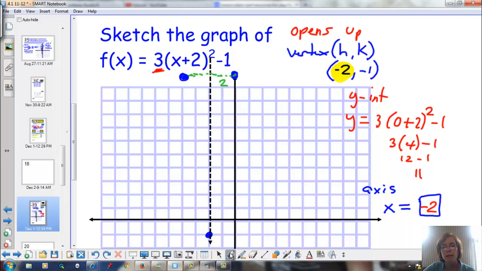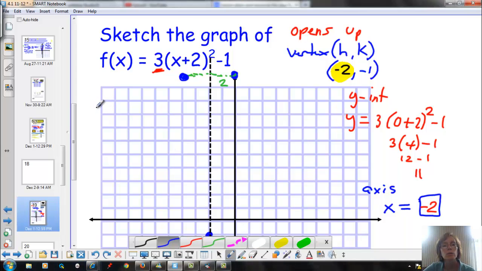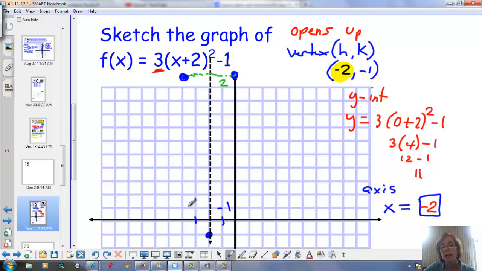And let's plot 2 additional points just to fill this graph in a little bit more. And in order to do that, we would plug in 2 other values, like negative 1 and negative 3. So let's plug those into the equation and see what we get. What is f of negative 1?